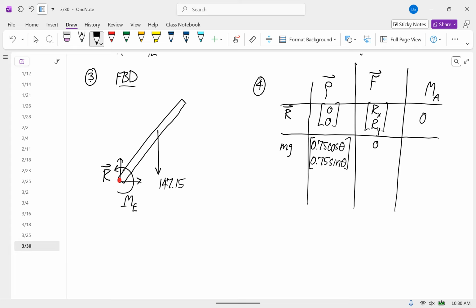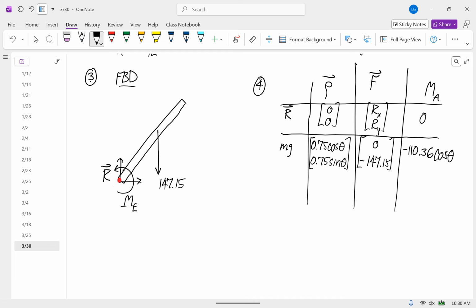And the weight force is 0, negative 147.15. And so the cross product, we get negative 110.36 times the cosine of theta.